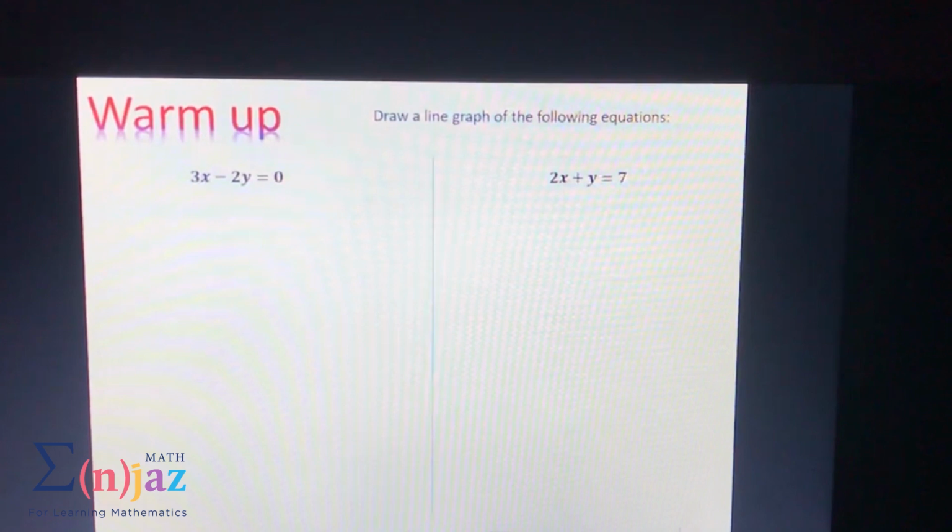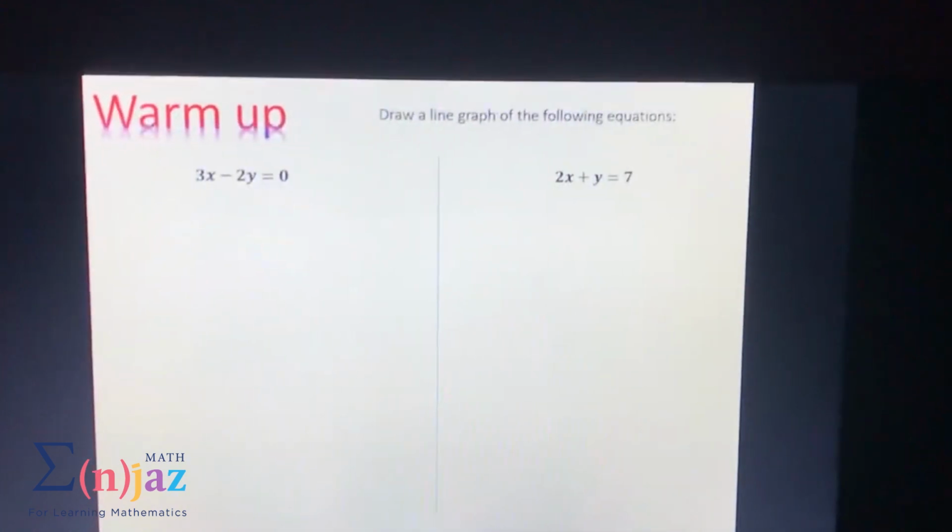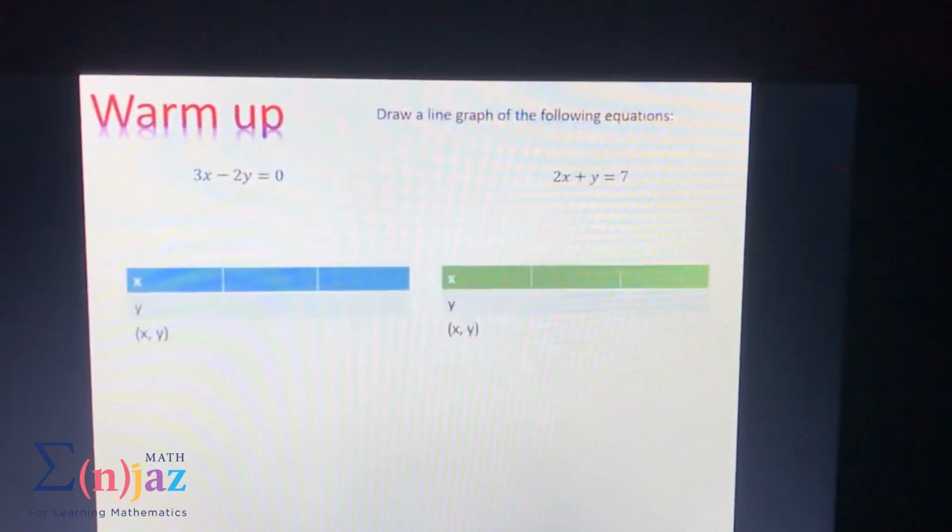Let's draw a line graph for each of the following equations. And let's start by drawing the following two tables, which include two values of x, and then we're going to find the value of y by substitution, and then we're going to address the point as x comma y because that's how we address any point on the coordinate plane.